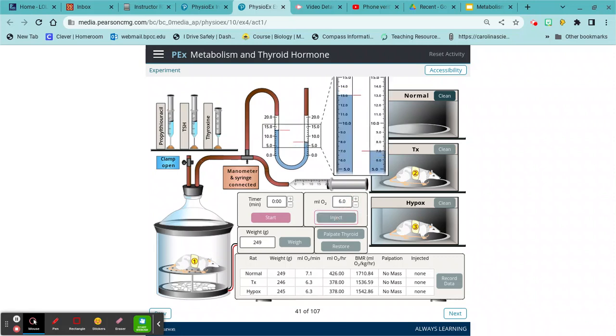It looks like it's going to be a little bit more than that, which is to be expected. Your metabolic rate increases, so your need for oxygen would increase. So yeah, we can already tell that we've increased our rate of oxygen consumption.